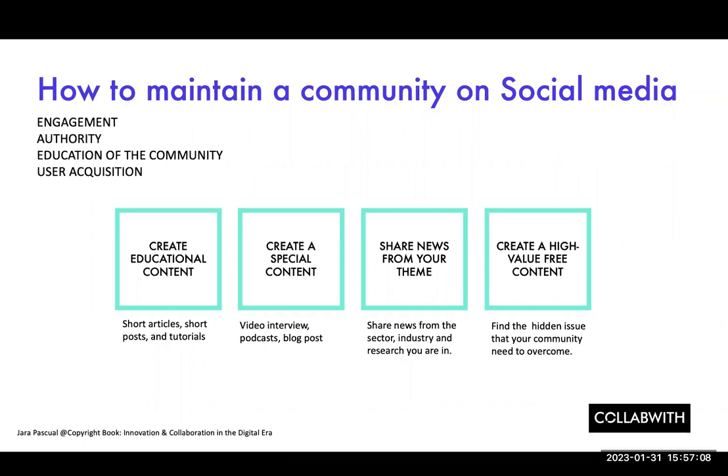The other way to create content is to share news from others related to your topic, for instance open innovation, building trust, R&D. Take your topic, look at who is doing super cool things on it, and share this with your community. And then you have content.